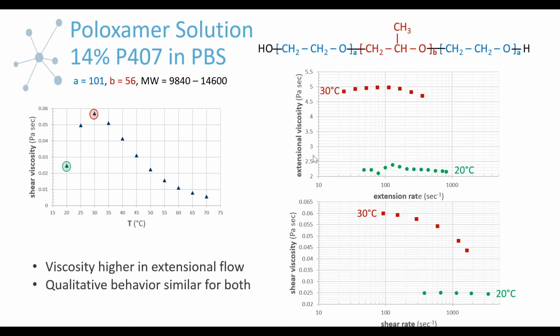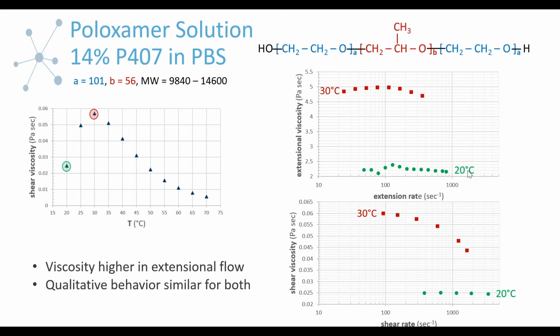Again, we have extensional viscosity on the top as a function of extensional rate, and shear viscosity as a function of shear rate on the bottom, for the two different temperatures, 20 and 30 C. What we can see is in this case there's no indication in either type of experiment of an onset of turbulence, and the qualitative behavior is similar.